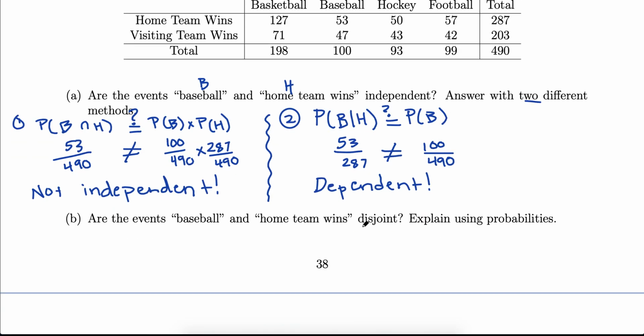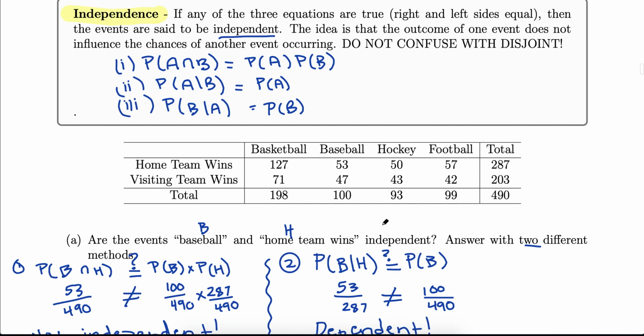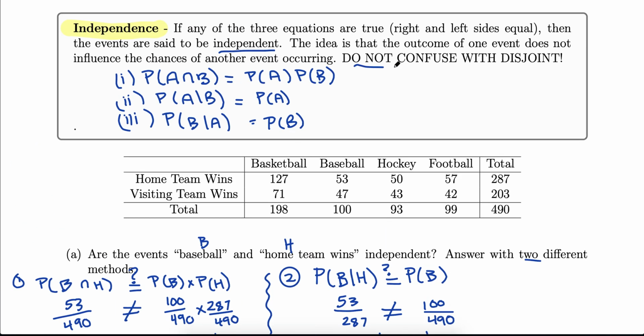All right, and then this last one, I just want to be really clear here about independence and disjoint. They do not mean the same thing. So up here, I also made that note here. So disjoint means the probability of A and B is equal to 0.